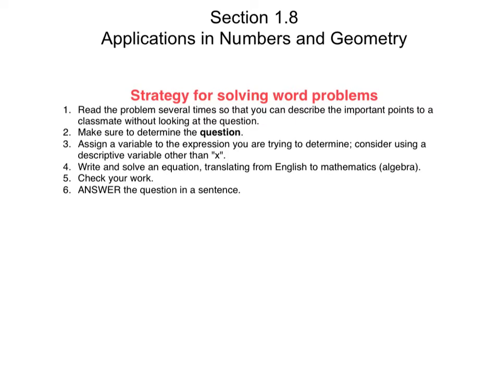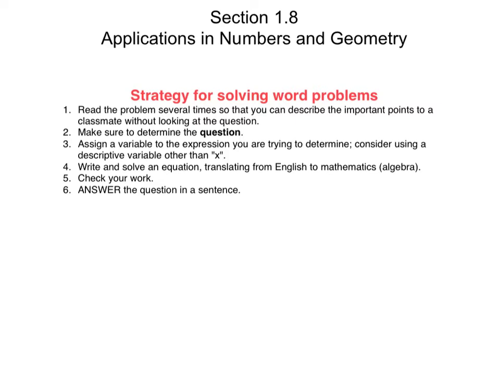You really need to make sure you understand after you've read this exactly what it is you're looking for. Once you have determined what it is you're looking for, then you want to assign a variable to that expression. Even though it's common to use x, it makes more sense to use a variable that's a little bit more descriptive.